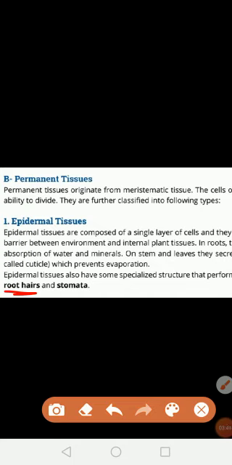And on leaves, they form stomata, and these stomata are responsible for gaseous exchange in plants. Root hairs and stomata are examples of these specialized structures formed from the epidermal tissues.